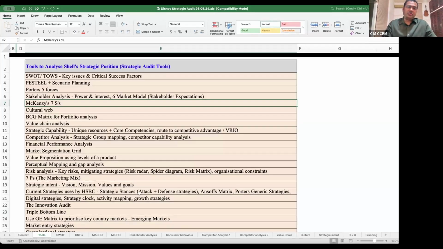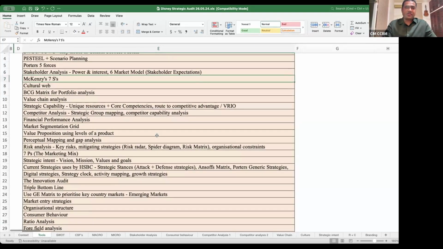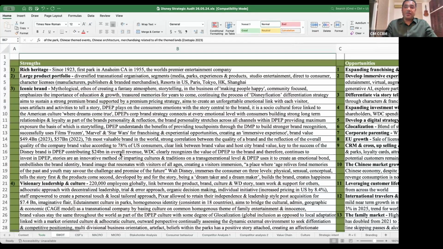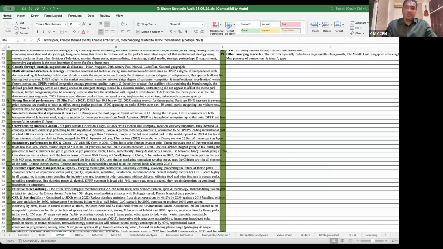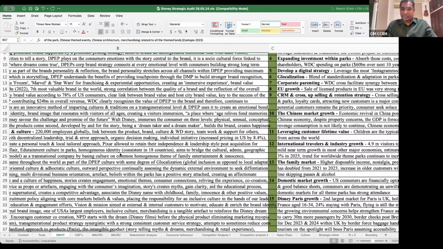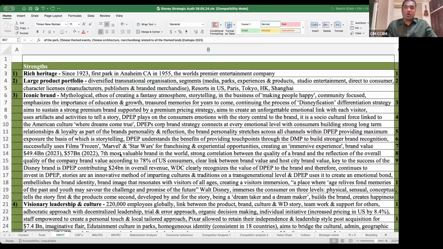You can benchmark A grades, the world prize winning answers, to see the length and breadth of each tool. Don't overdo it because you have many tools to use. SWOT analysis, we have discussed this in detail. Please make sure you keep it short, maybe three-quarters of a page or maximum one page.